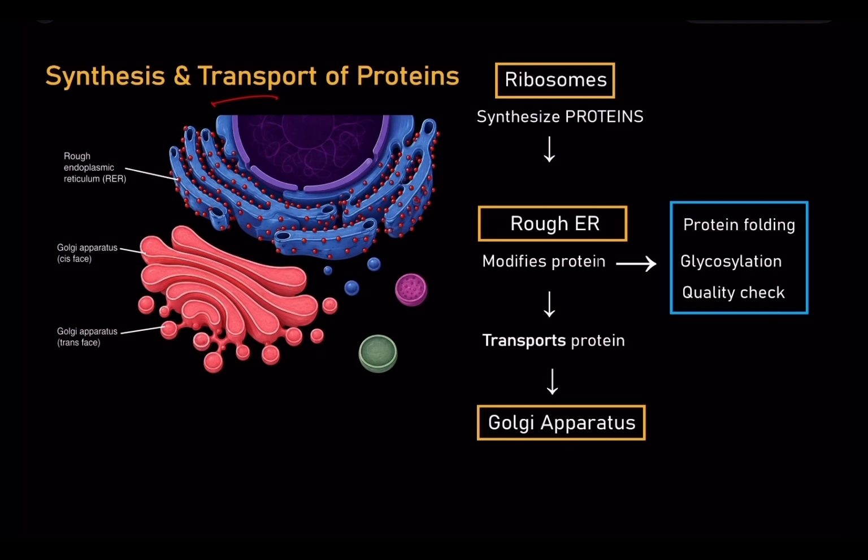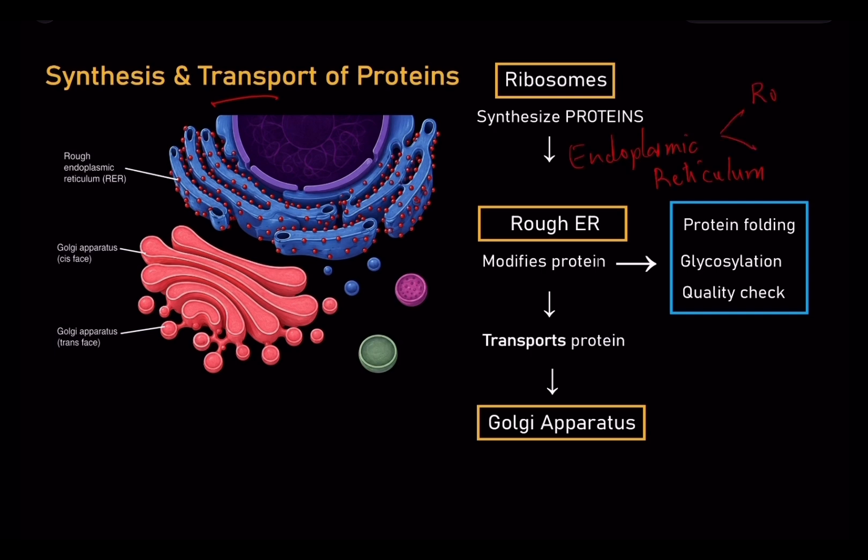So what next? Once the synthesis is complete, the proteins are ready for transport. So ribosomes, we know, synthesize proteins. The free ribosomes synthesize proteins that are destined to remain and used inside cells. But the ones that are bound on the rough ER, they have slightly different pathway to follow. So first, let's look at what the ER is. We have two types of endoplasmic reticulum.